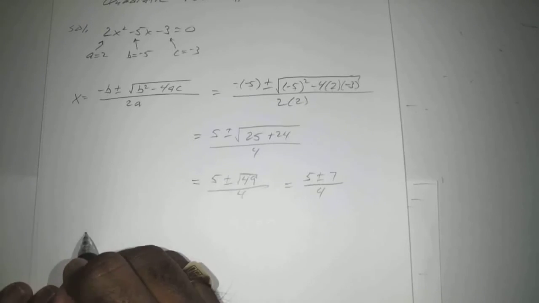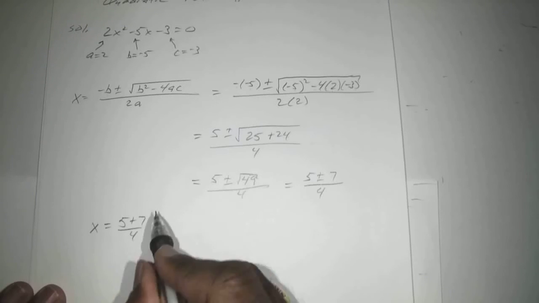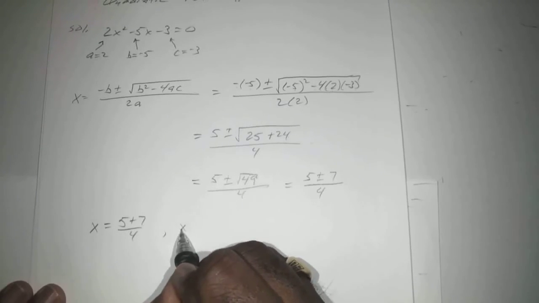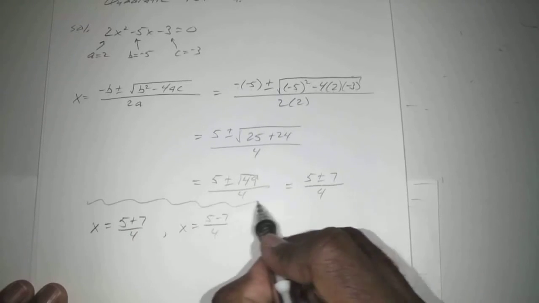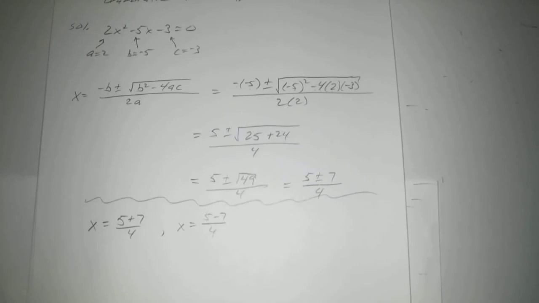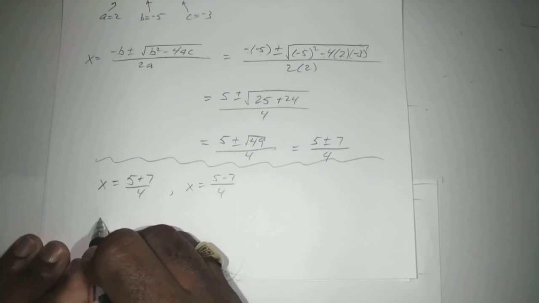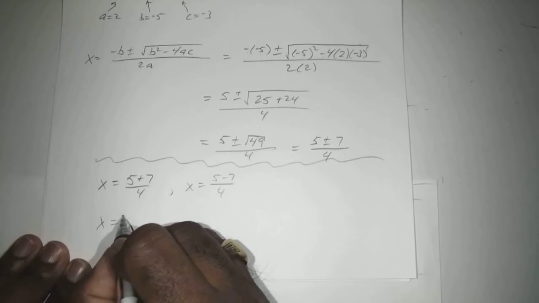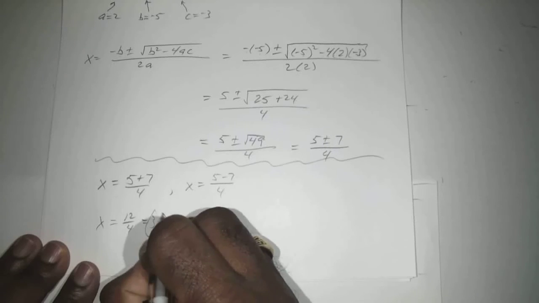Okay, so that means that x can equal 5 plus 7 over 4, or x can equal 5 minus 7 over 4. All we have to do is solve each one. So you have 5 plus 7 over 4, which is 12 over 4, which is just 3.